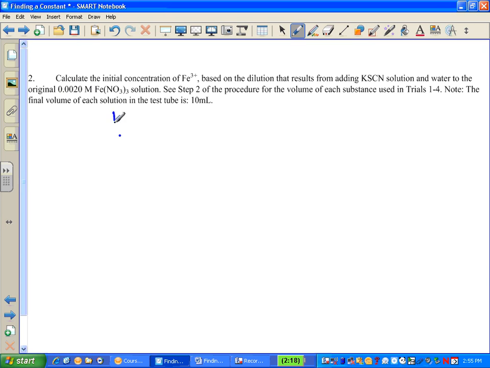So you started with a beaker with the iron 3 plus in it, and you took 5 milliliters of that and put it into a test tube. You also added thiocyanate ions and water.